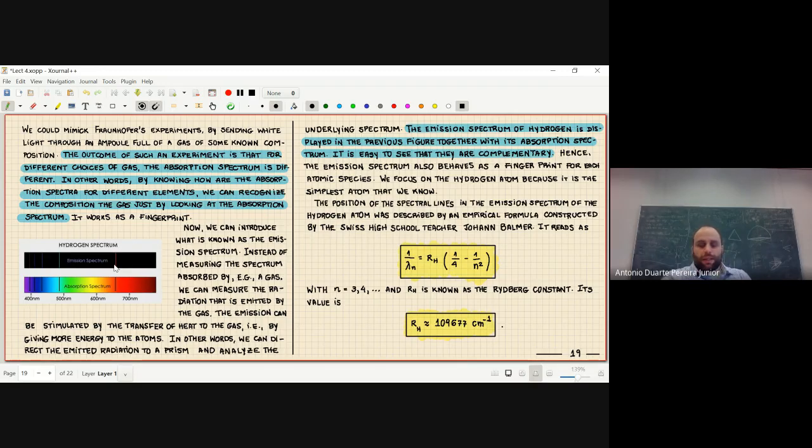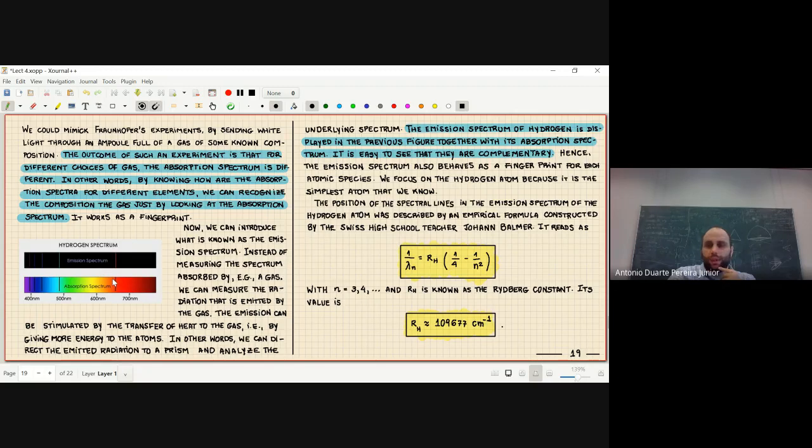Okay. So the explanation for that will come tomorrow with the model described by Niels Bohr. But before closing the session and discussing the exercises, I want to tell you that a Swiss high school teacher called Johann Balmer was looking at this picture here, which gives you a discrete set of dark lines.